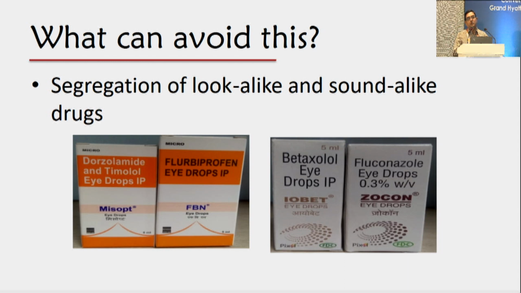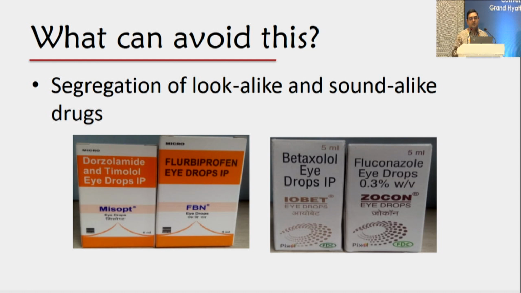The packages are similar, very minimal change in color, and they are all look-alike. There are also some which are sound-alike. Like, I'm sorry to take brand names, but it is like Lopress and Lubrex. So one is a lubricant. The first one is an anti-glaucoma drug. Now instead of Lopress, somebody takes a Lubrex. There is no harm, but the patient isn't cured at all.